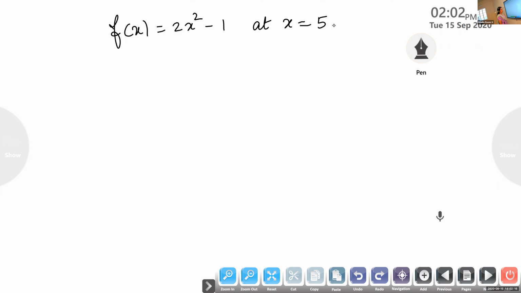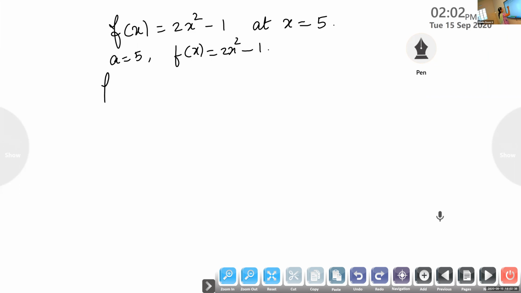How to do this? Function is given. At which point you have to find? At the point x is equal to 5. So we can take the point a is 5. And f of x is given 2x square minus 1.